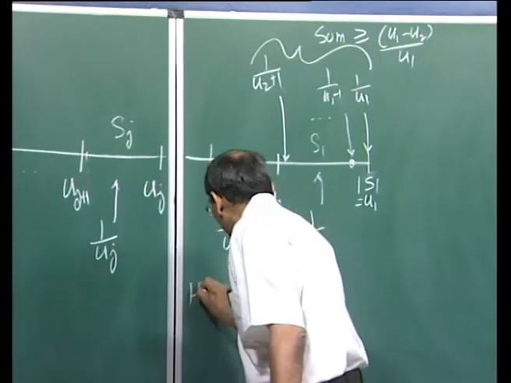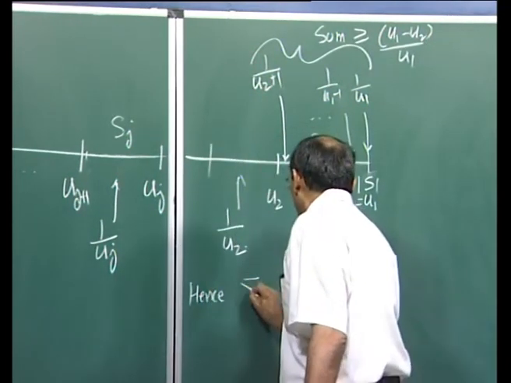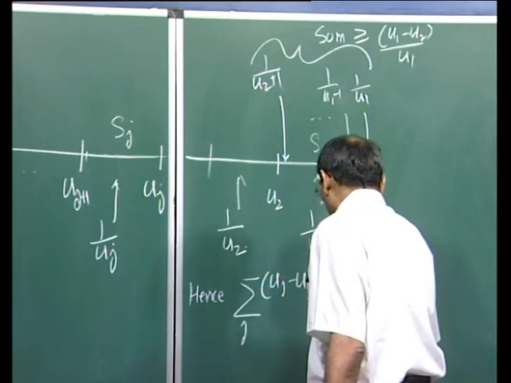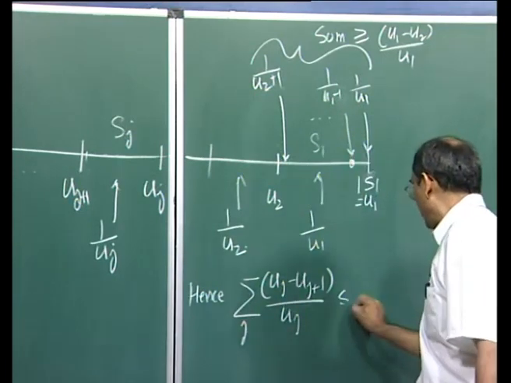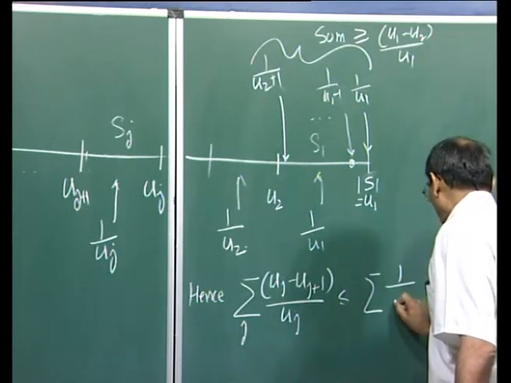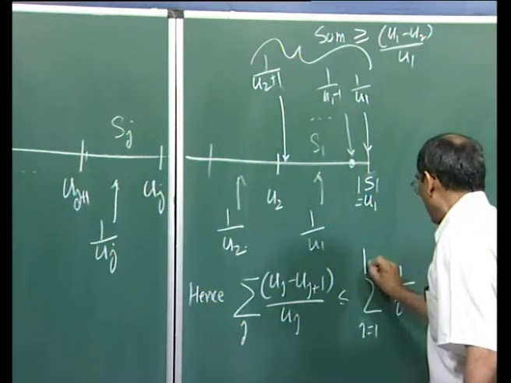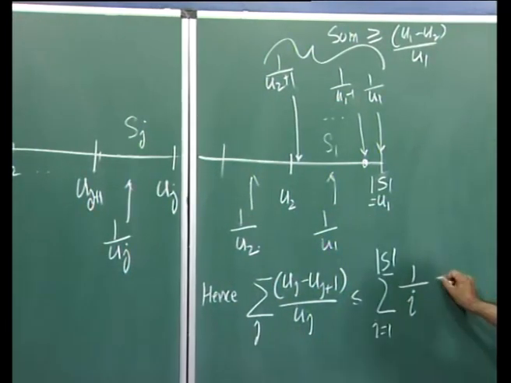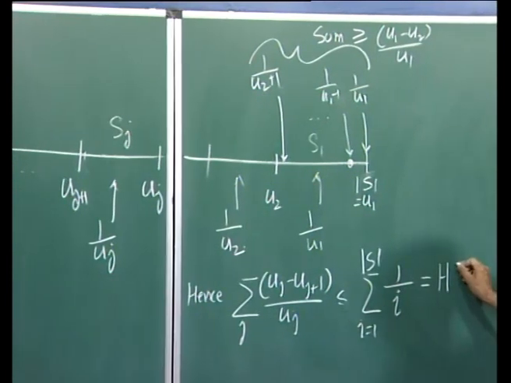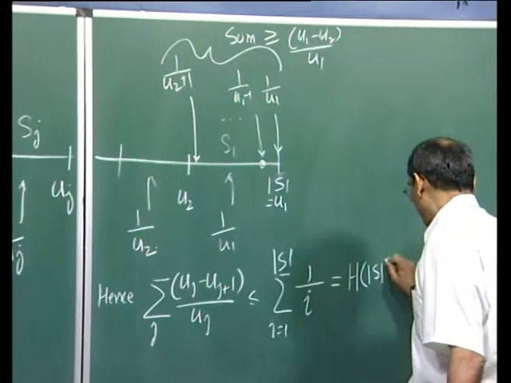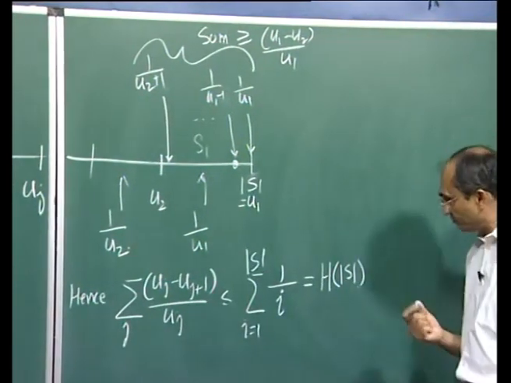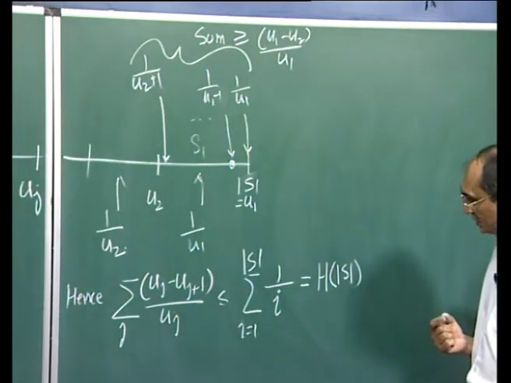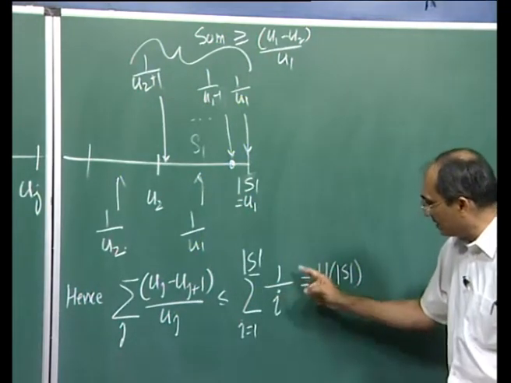Hence, the sum over j of (u_j minus u_(j+1)) over u_j is less than or equal to the sum of 1 over i, going from 1 to mod of S, because this is the total number of elements in S. Such a sum is known as the harmonic function at mod S. This is a discrete variant of the log of a number, because in log you integrate 1 over x dx.